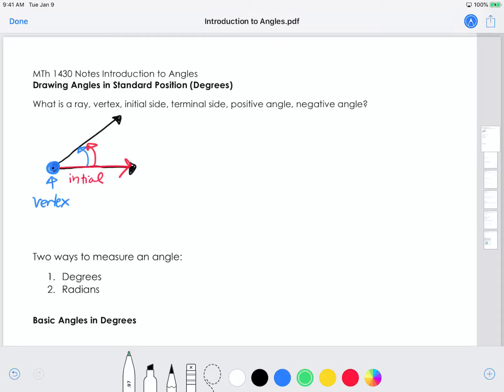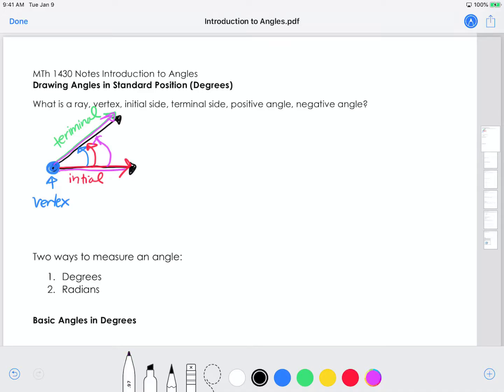And then when you sweep it open, the terminal side is the second ray that's formed. So you draw the first side, you sweep it open, and then you draw the second side. The first side is the initial side, and the second side is the terminal side. The point where they meet together is called the vertex.